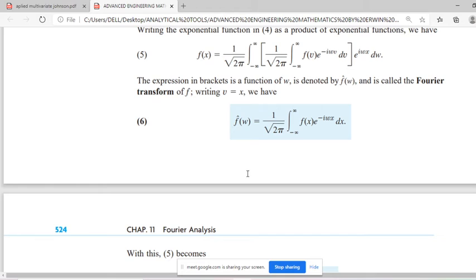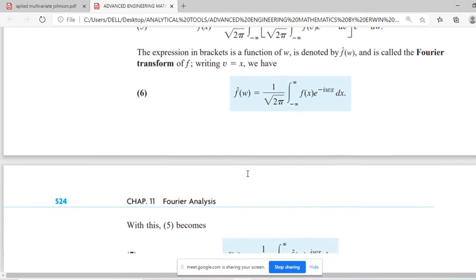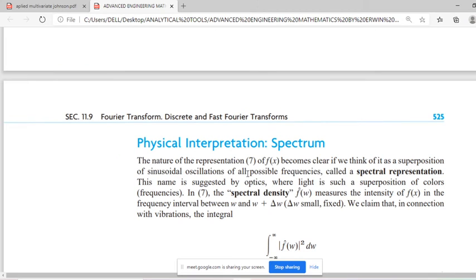So 1 by root 2 pi is missing there. So we have to multiply root 2 pi and 1 by root 2 pi.